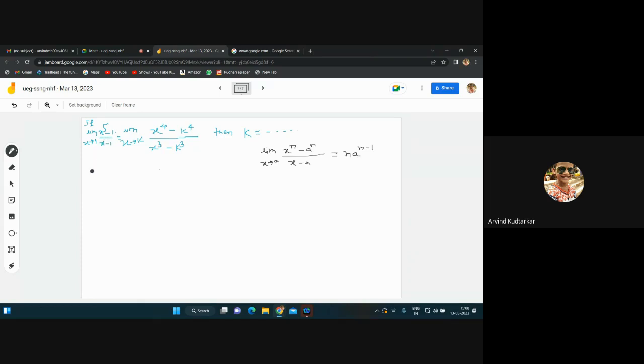So consider the LHS first. We need to find the value of LHS. The LHS is limit as x tends to 1 of x raised to 5 minus 1 upon x minus 1.